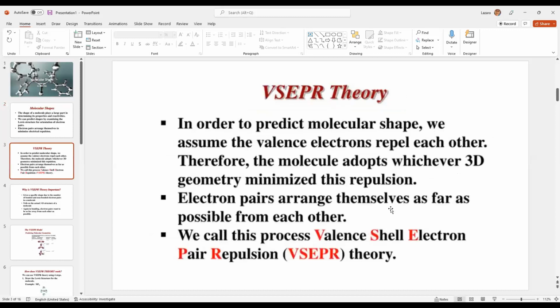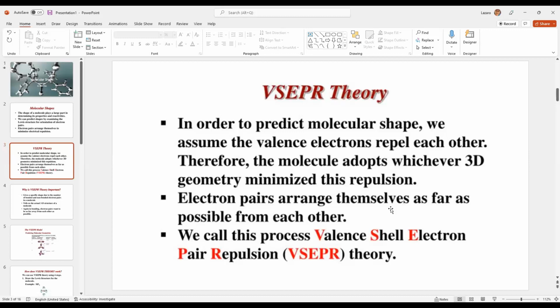In order to predict the molecular shape, we assume the valence electrons repel each other. Remember that the valence electrons are the outermost electrons and are the ones that are important in chemistry. Therefore, the molecule adopts whichever three-dimensional geometry minimizes this repulsion.